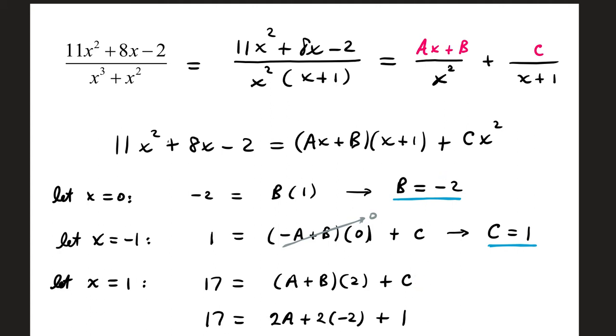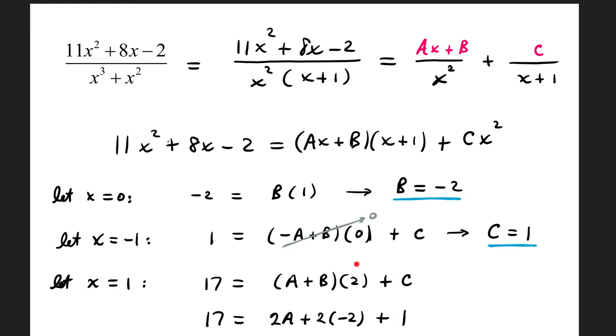Now, luckily, we know b and c from the steps above, so we replace b with negative 2, and we replace c with a 1. Distributing, that's 2 times (a plus 2 times negative 2), because b is negative 2.